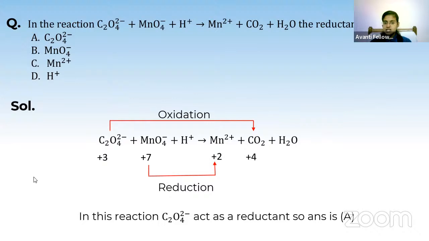Okay, since it is moving from +3 to +4, how does it move from +3 to +4? By losing one electron, right? It is an electron donor. C2O4 2 minus is an electron donor. One electron has been donated by C2O4. So electron donors are called reducing agents.